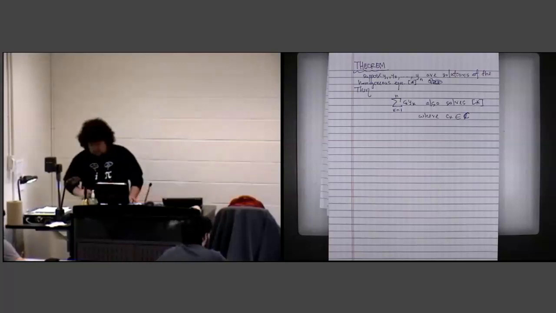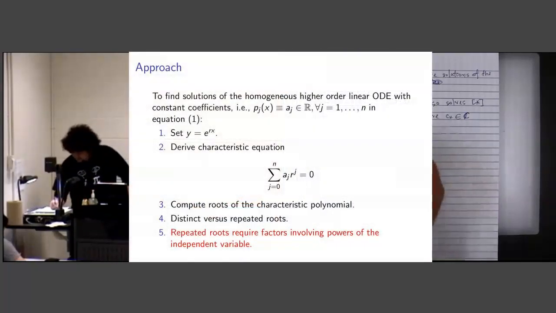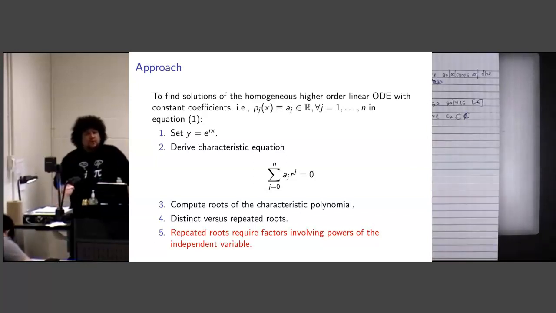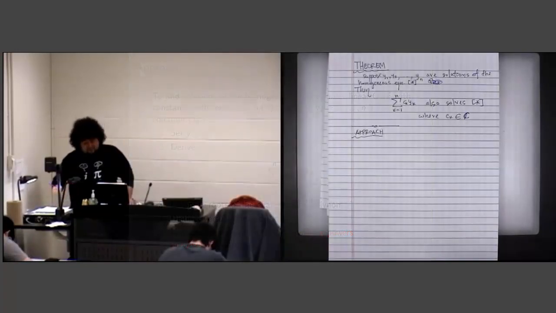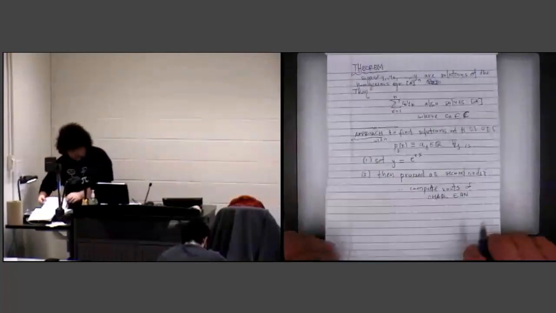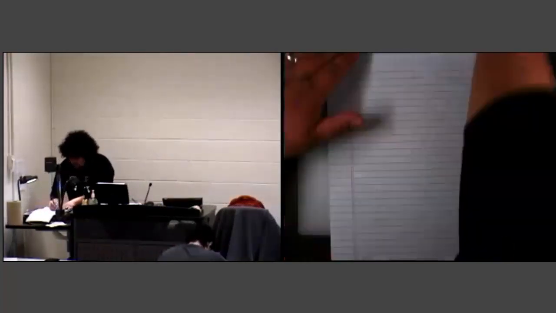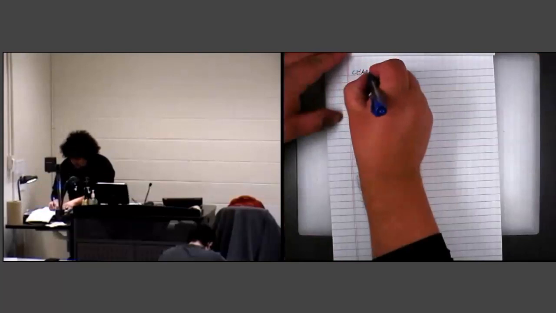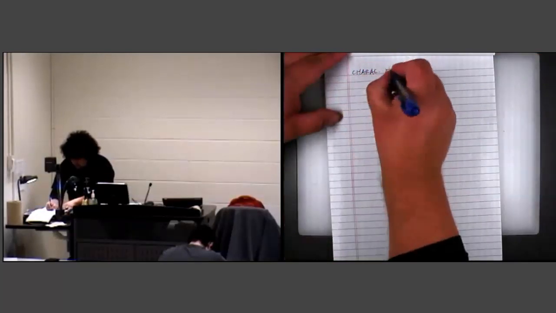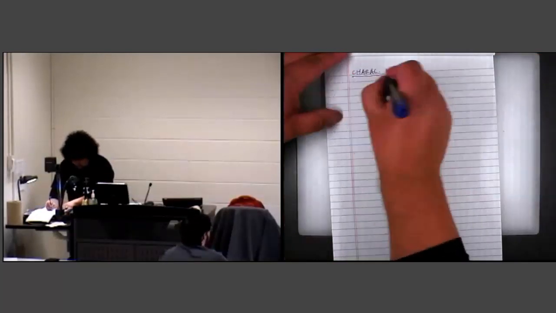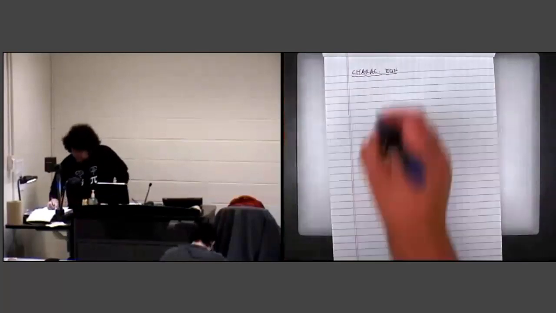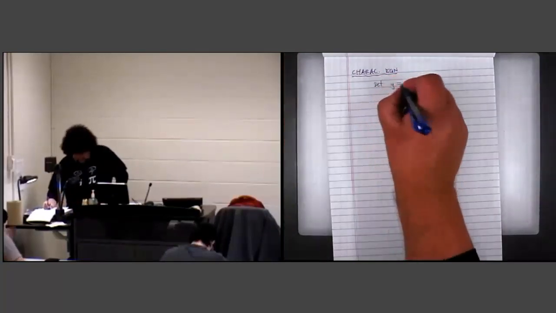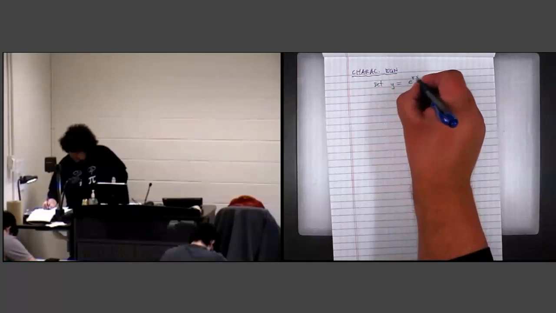Okay? Now, the approach we're going to take is consistent with the approach of the homogeneous problem for second order with constant coefficients. Let me say something more about the characteristic equation. Okay, so we set the solution to be of the form e to the rx.